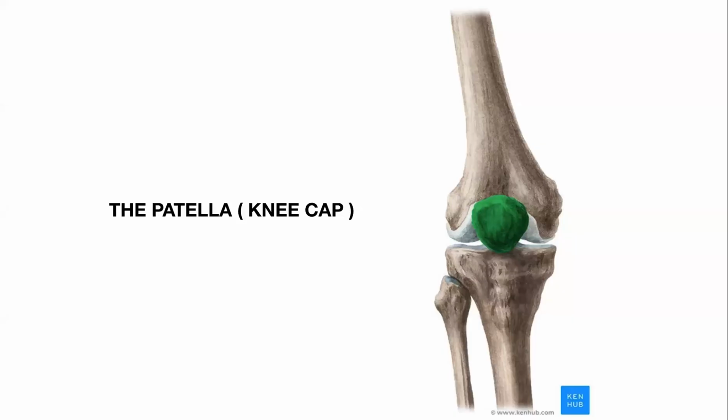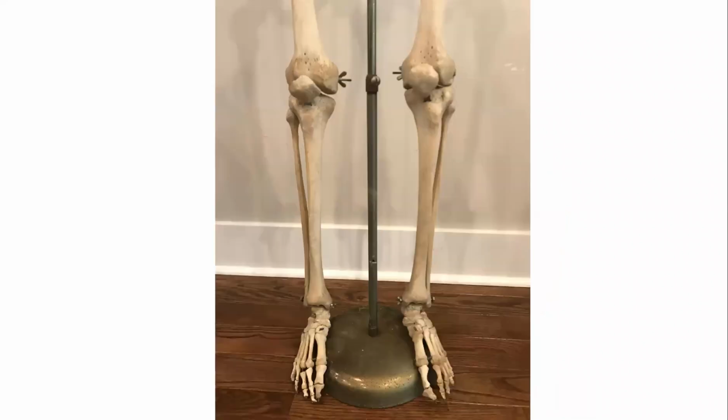The patella, or the kneecap, is always an important skeletal structure, and one which is relatively easy to find. You can see in this illustration here that it generally covers the gap in between the upper femur and the lower leg bones.